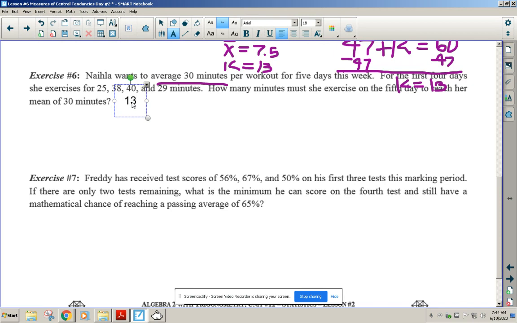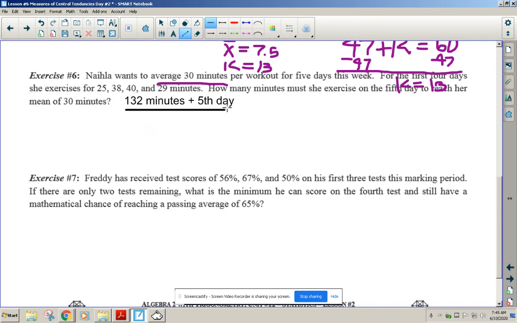So 132 minutes. And now we don't know how many minutes she exercised on the 5th day, so we're going to write 5th day. But that now gives us 5 days, so we're going to divide this by 5. And this is now going to equal the average of 30 minutes.